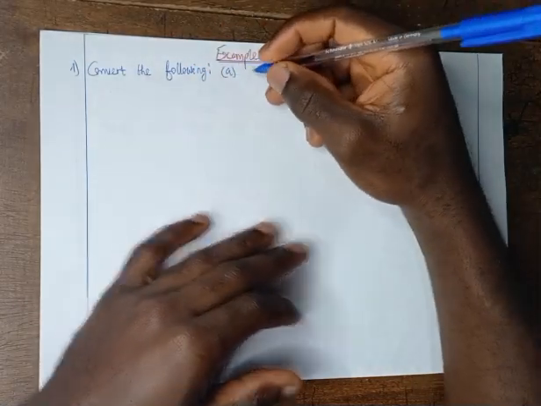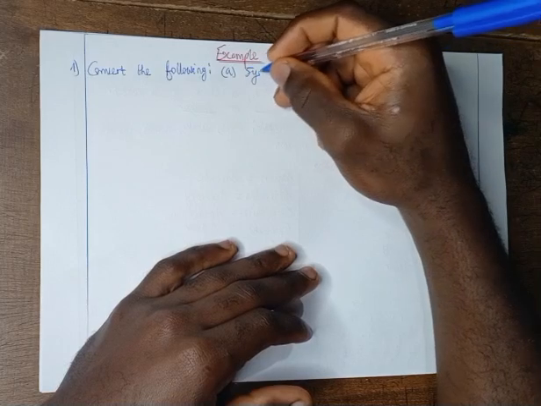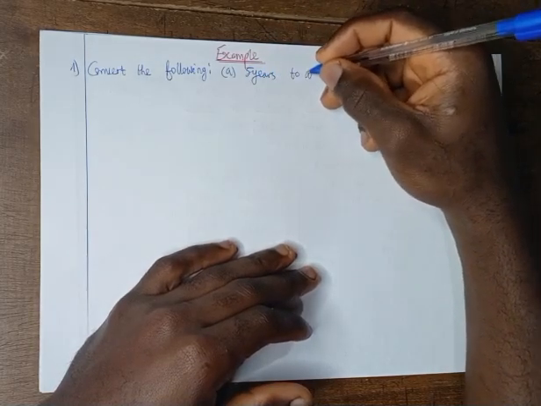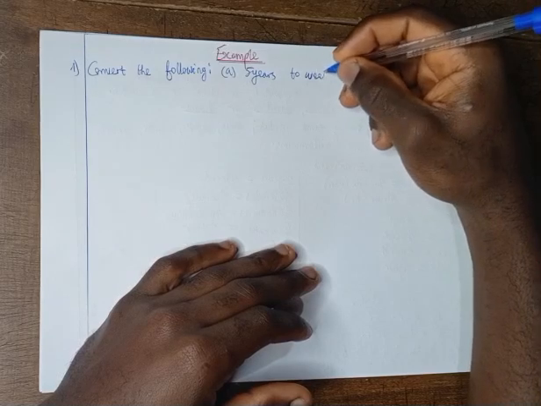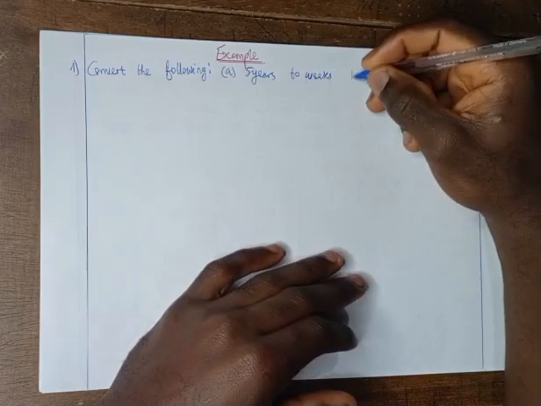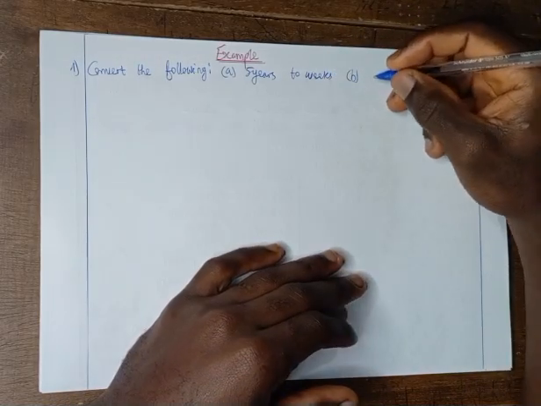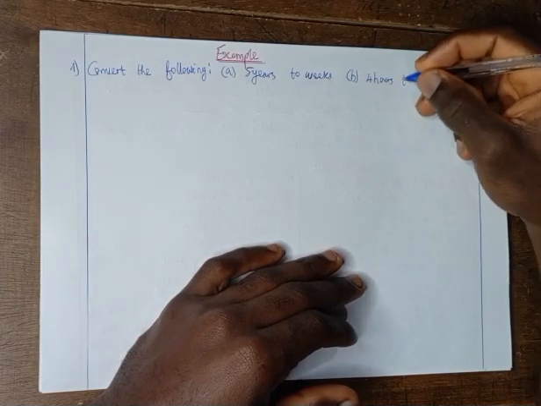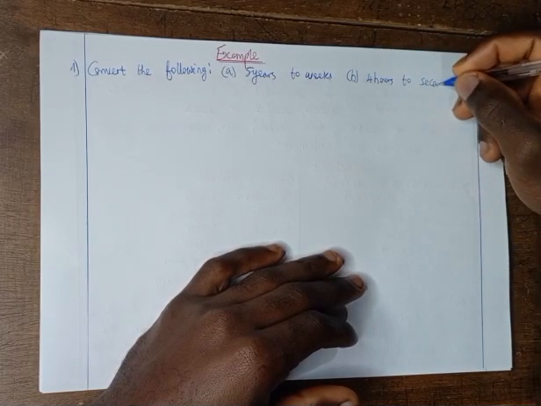For A, we have 5 years to weeks. B, we have 4 hours to seconds.